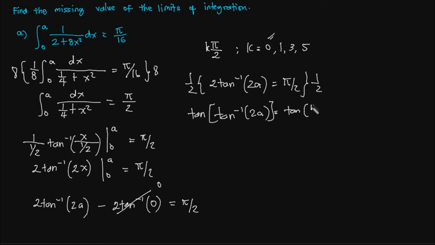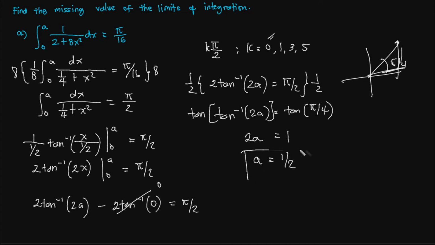Tangent of pi over 4 leaves your 2a, and this is equal to 1. Because tangent of pi over 4, we know very well that for this particular angle the ratio of x and y would just be the same, I mean sine and cosine. So therefore, a is equal to 1/2. Okay, so this is your final answer.